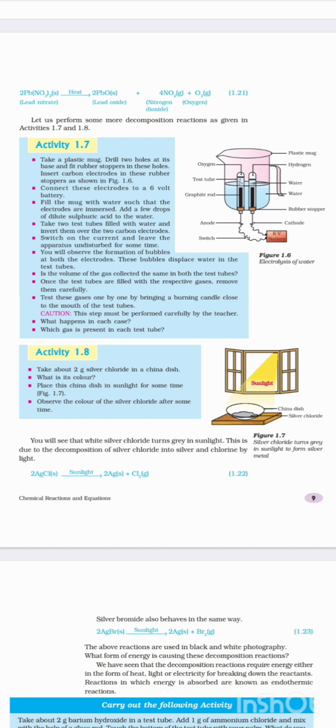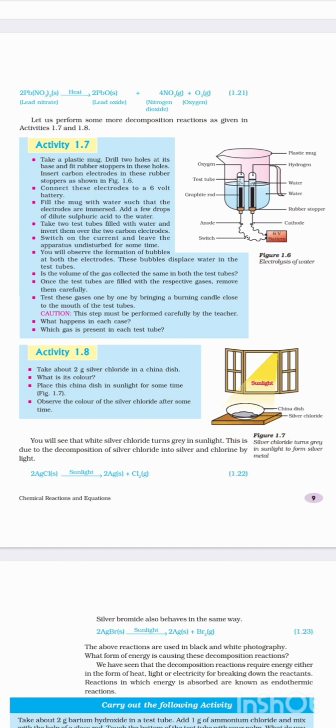Now silver bromide also behaves in the same way. Similarly, silver bromide gives silver and bromine. The above reactions are used in black and white photography. What form of energy is causing these decomposition reactions?